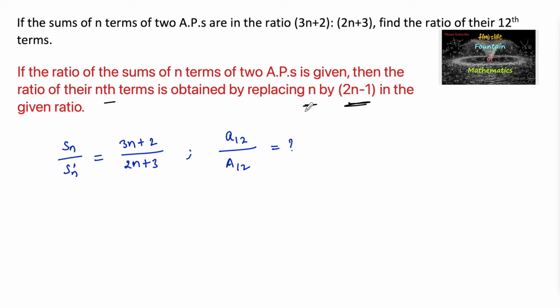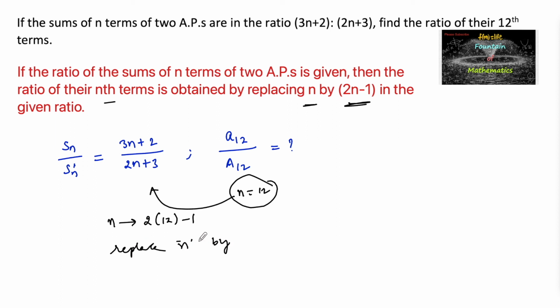So here n is equal to 12, and in place of n we have to write 2 times 12 minus 1, that is 24 minus 1, 23. So replace n by 23 in the sum ratio to get the ratio of the 12th terms.